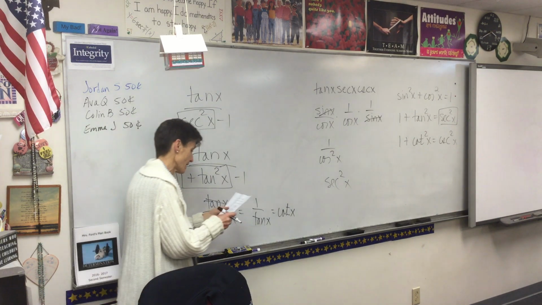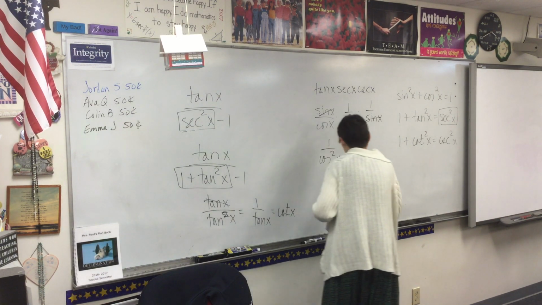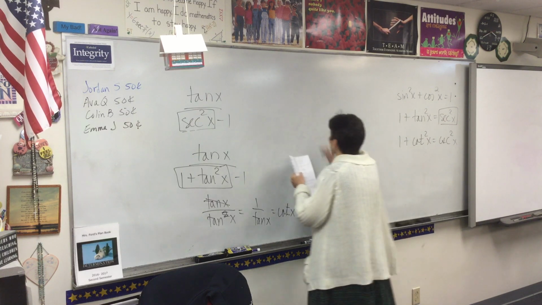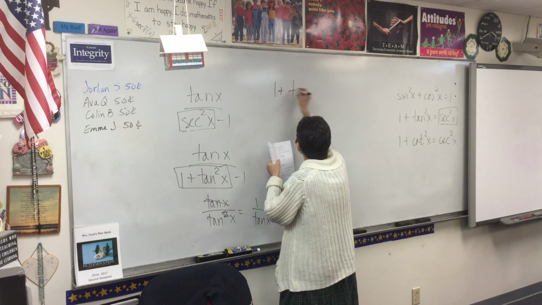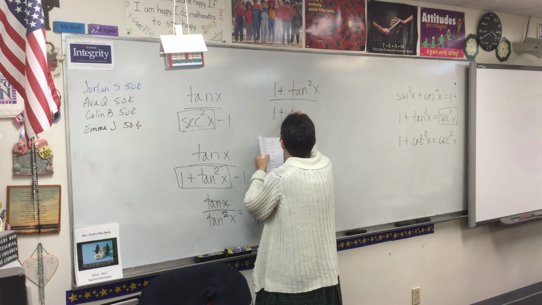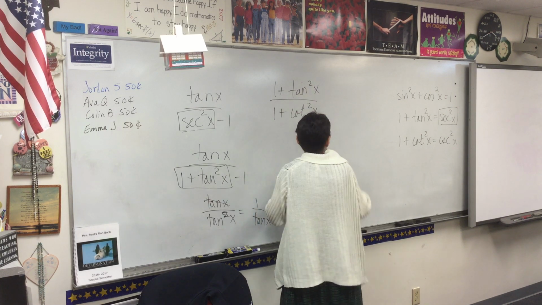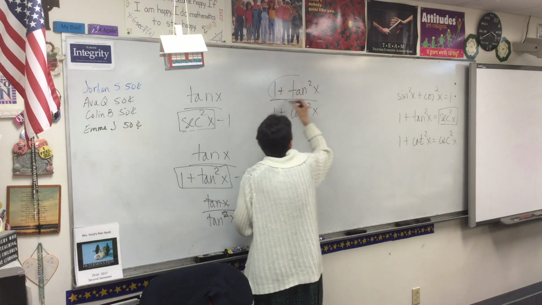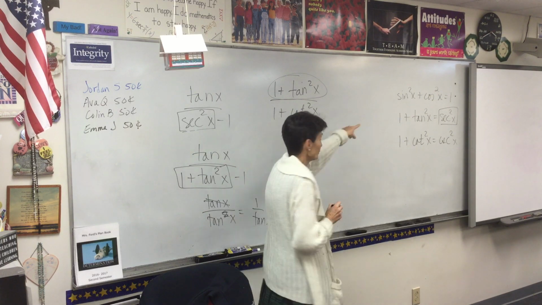All right, let's look at the next one. The next one that looks like that is 15. So 1 plus tangent squared over 1 plus cotangent squared. What's this? Look at your identities.